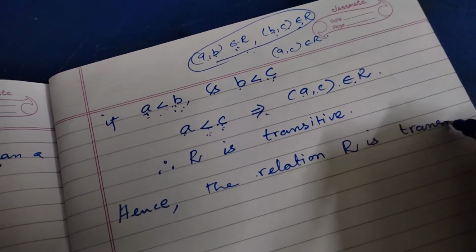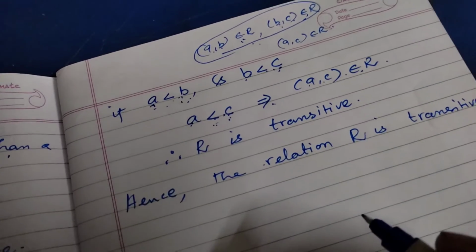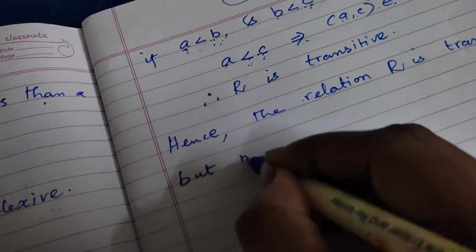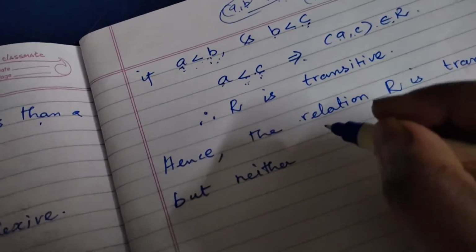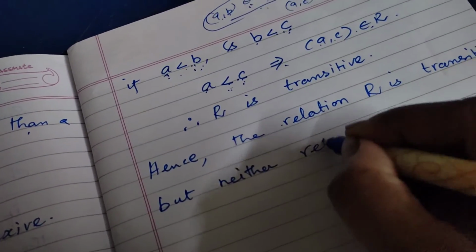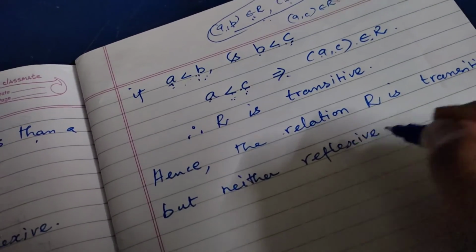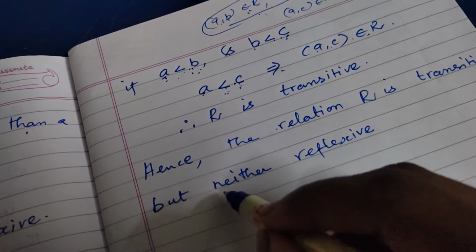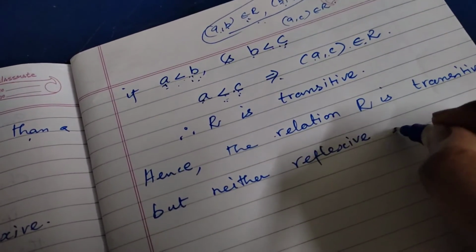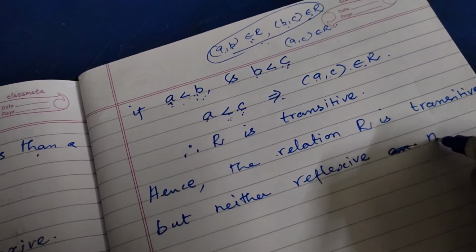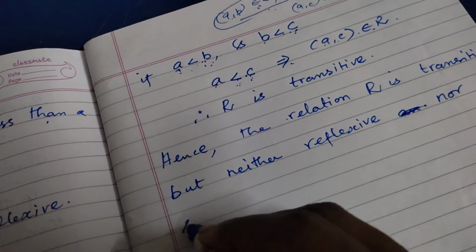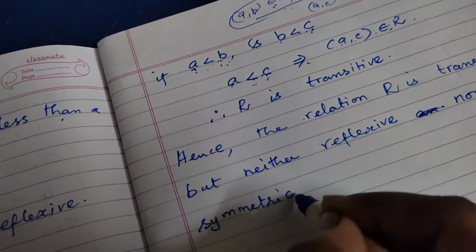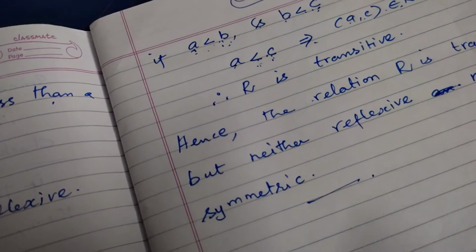We proved here R is transitive, but neither reflexive, here we proved this relation is not reflexive, nor symmetric. Hence proved.